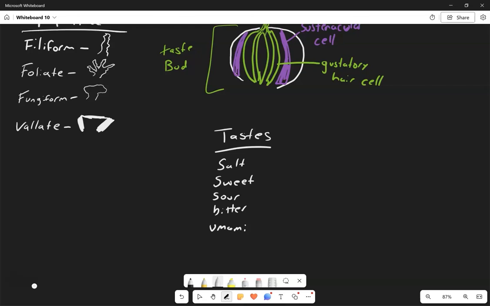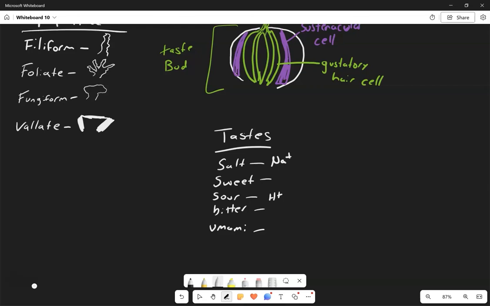The tastant will bind to the taste bud, and what causes the action potential in each of these different tastings is a little bit different. Salt is pretty simple: sodium chloride, sodium influx into the cell. Sour is actually protons, hydrogen ions that enter the cell.